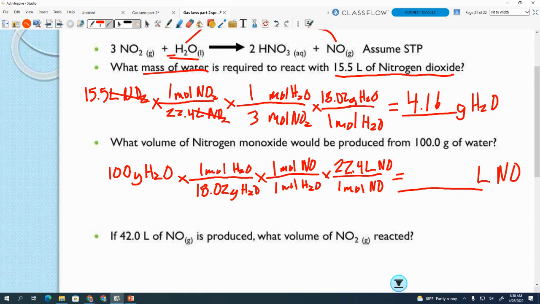Yeah, because that's the standard, that's the known constant. I got approximately 124 liters, 124.3 if we stick to the right numbers.